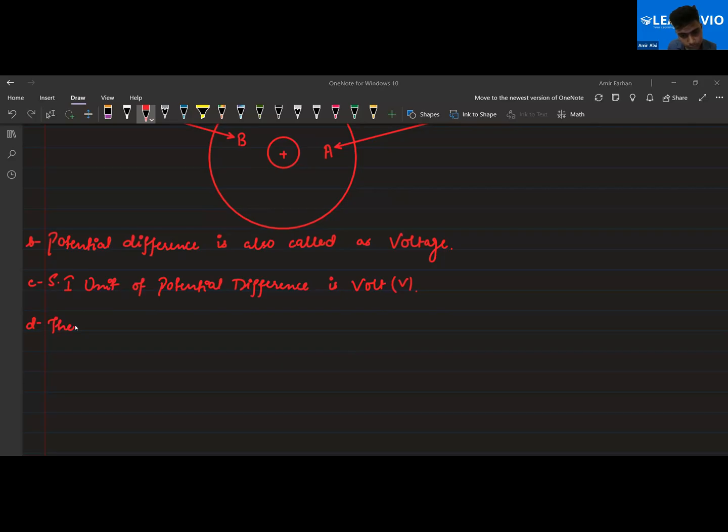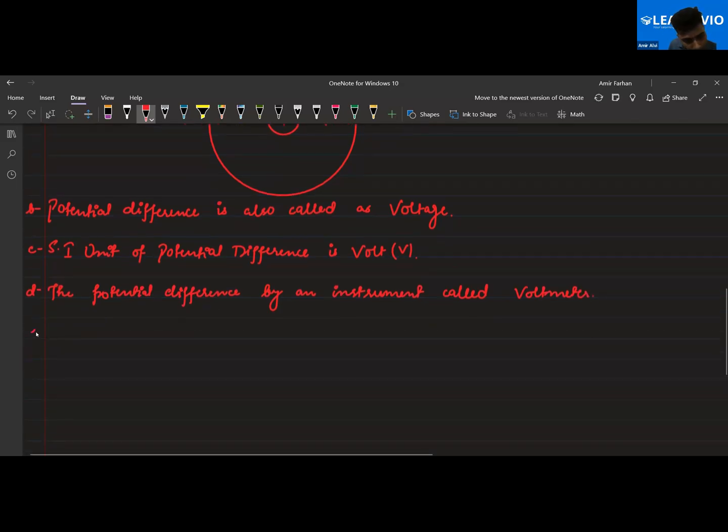Okay. Volt. Okay. Now let's talk about the voltmeter.